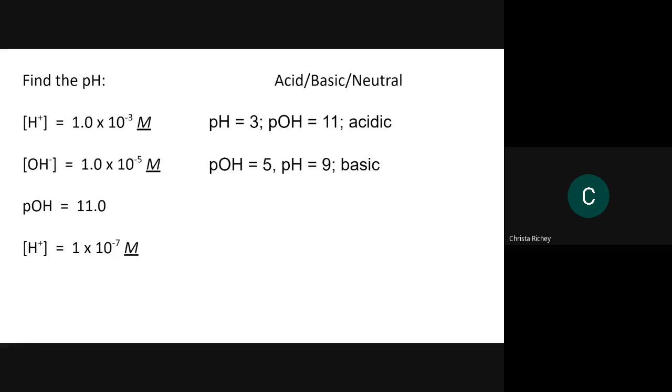So if my potential for hydroxide is 11, what's my pH? Good. 3. And this is below 7, so this is an acid. You're just adding and subtracting to get to 14. That's it. So that means that my hydrogen ion concentration would be 1 times 10 to the negative 3rd.